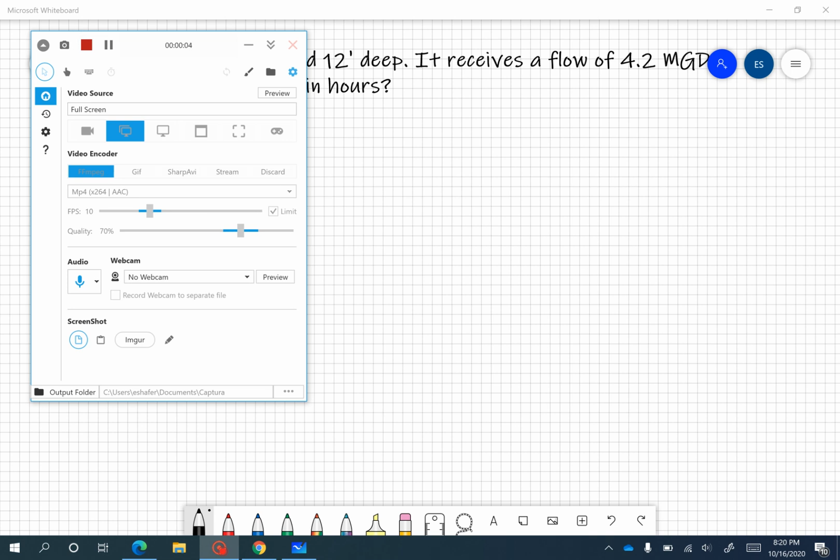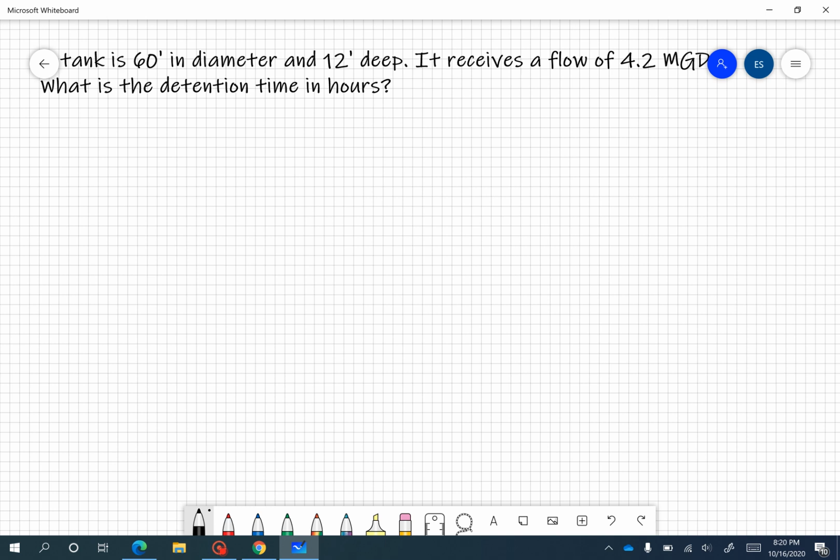Okay, let's take a look at detention time. All of these detention time problems are basically the same. Your detention time formula is going to be the volume of the tank, pond, digester, whatever it is.